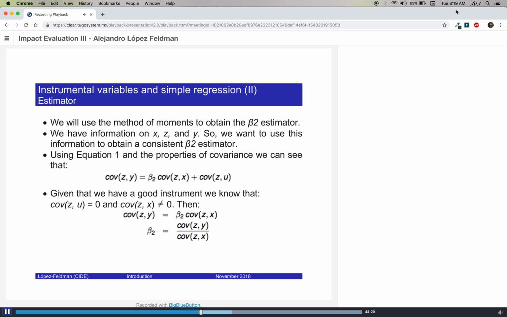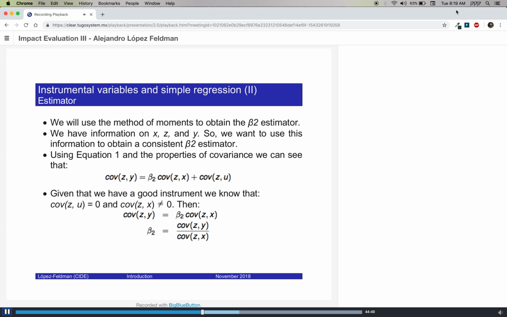So how do I use this information? Well, it happens that I need to include covariance. So that's why covariance is a very important thing. So I include this in the regression, and then I include covariance.